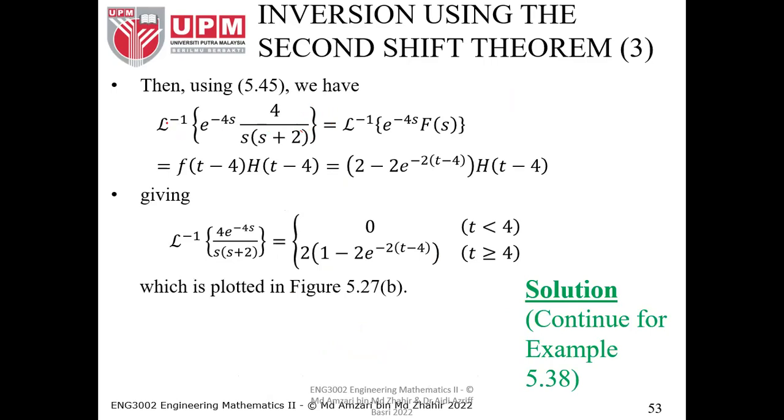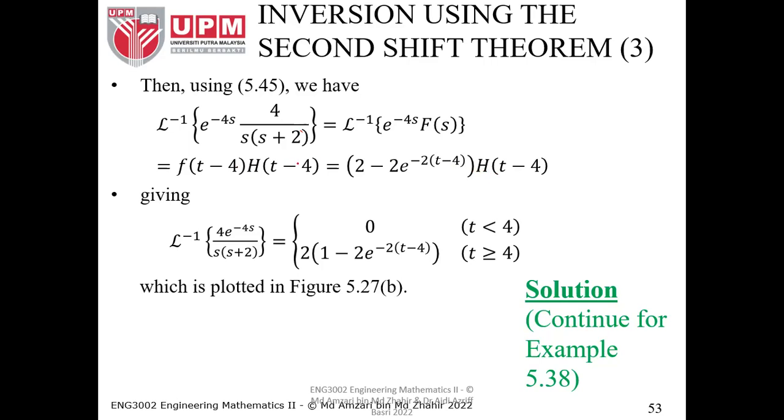So what we can say here is the Laplace inverse of e^(-4s) F(s) is equal to f(t minus 4) h(t minus 4), which is 2 minus 2 e^(-2(t minus 4)) h(t minus 4).